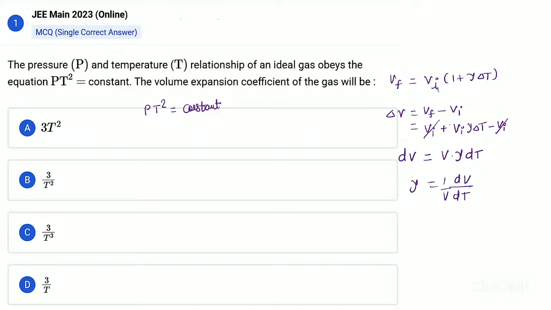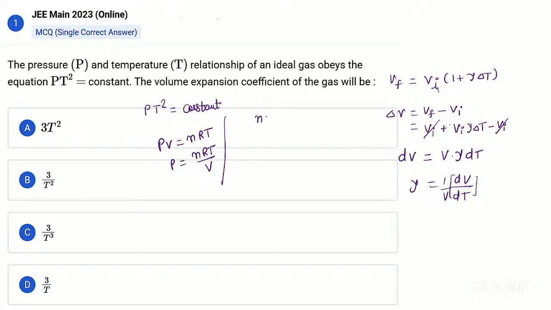Now, simply we have to calculate dV by dT. In this expression, if I put PV is equal to nRT, the pressure in terms of volume will be nRT upon V. Now put this expression here, differentiate it with respect to volume and temperature.